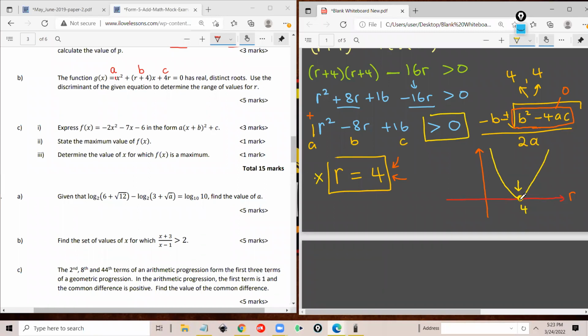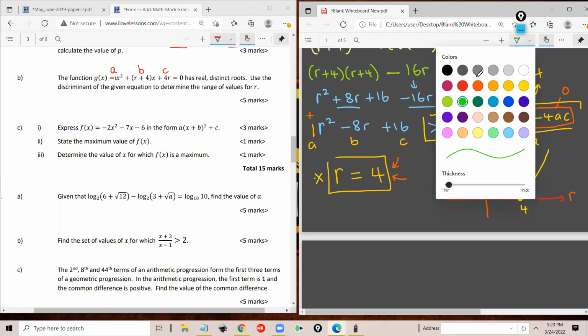This is on the x-axis. Being on the x-axis and being above the x-axis are two completely different things.